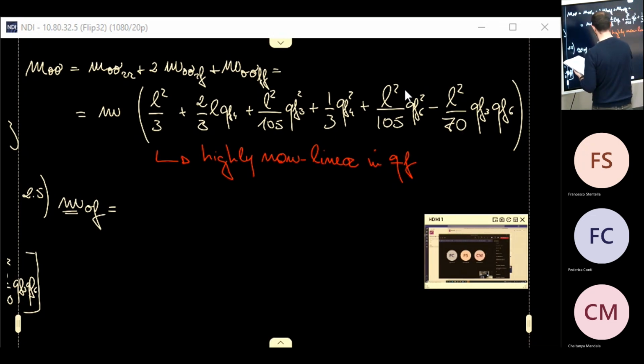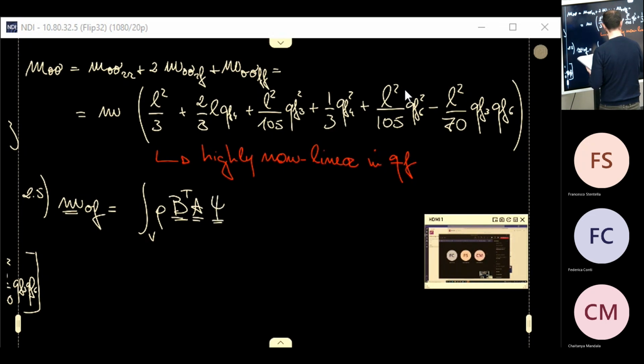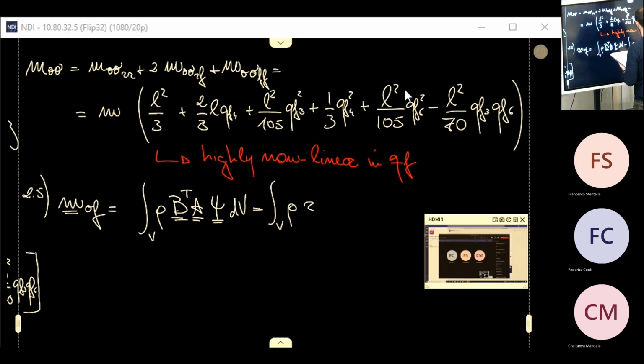M theta f was again the integral of b transposed over a applied over psi. Again, for the two decays at end, this can be written as r transpose applied over a transpose on a applied over psi.